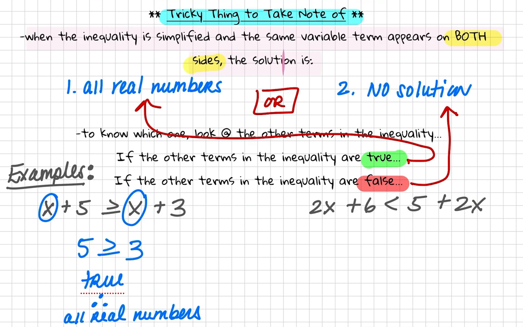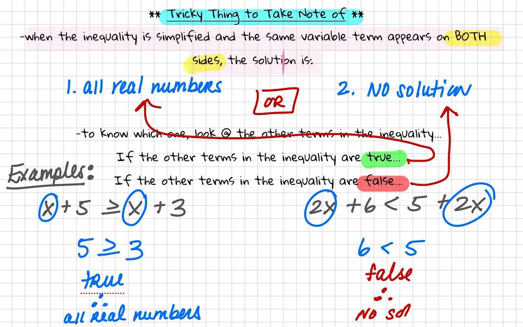So just going to take note that they're the same. Then all I have to do is bring everything down and ask myself if it's true. Is 6 less than 5 ever? No, that's false. Therefore, there's no solution.